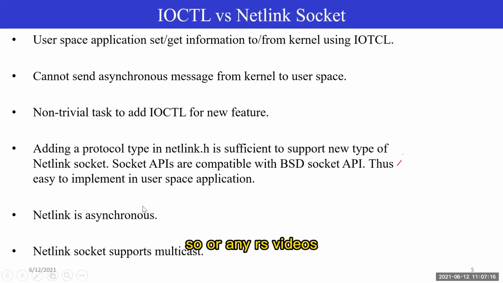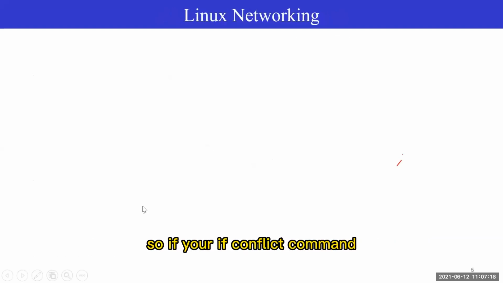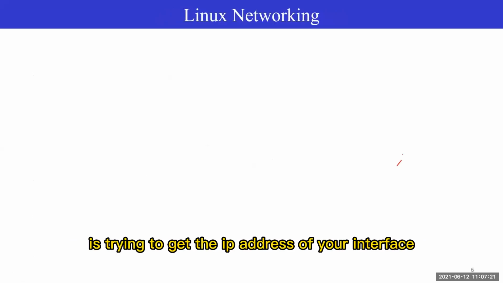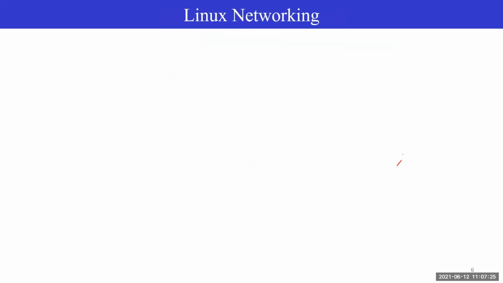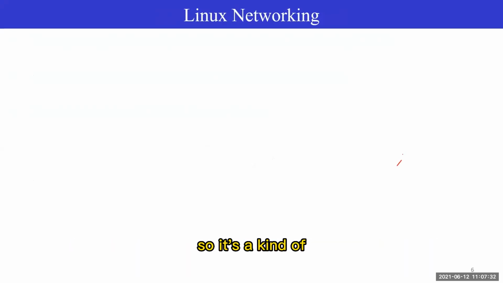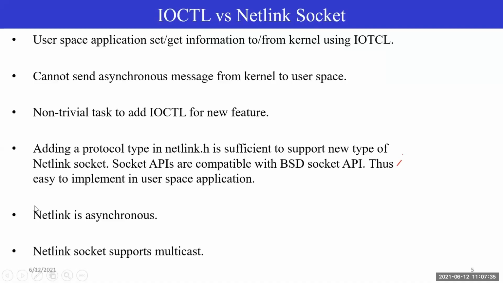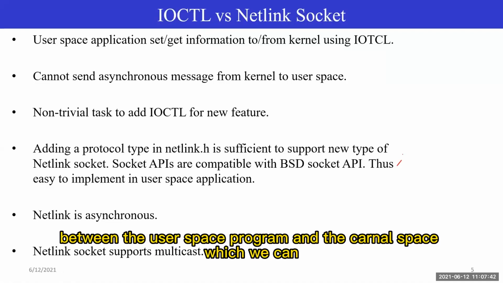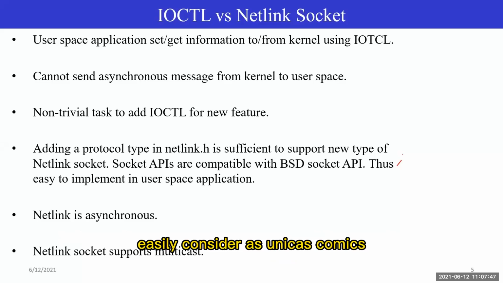So if your ifconfig command is trying to get the IP address of your interface eth0, then only that particular application will get that information. So it's a kind of one-to-one communication between the user space program and the kernel space, which we can easily consider as unicast communication.